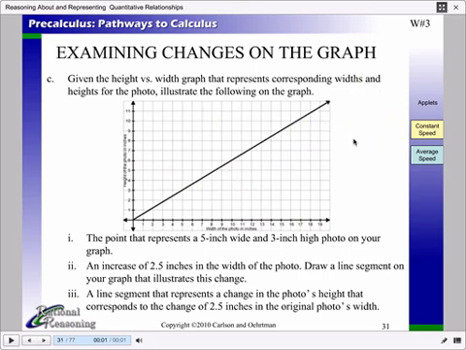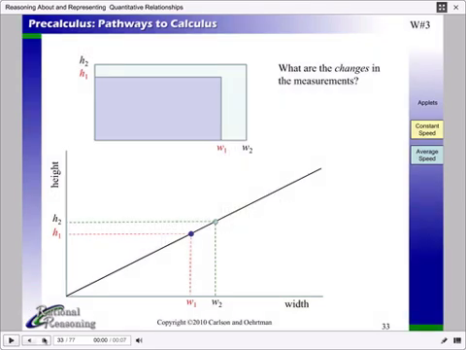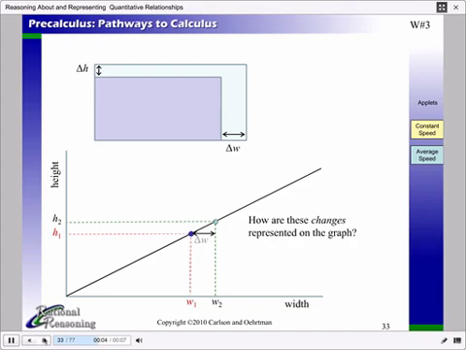So let me show you that. Ready? Here we go. Change in width, delta W. Change in height, delta H. How's that shown on the graph? That's what we did. A little line segment this way shows a change in W. Line segment up and down, change in height.